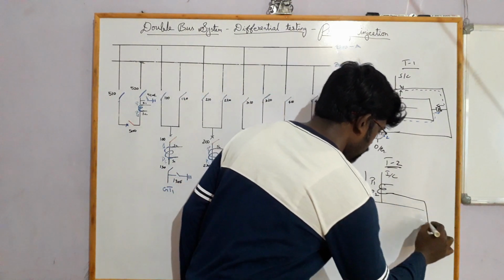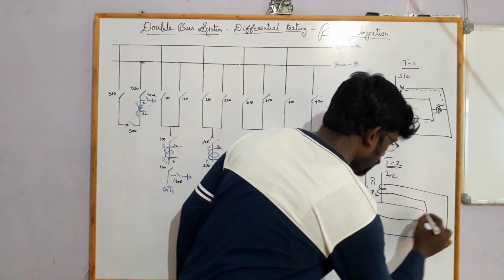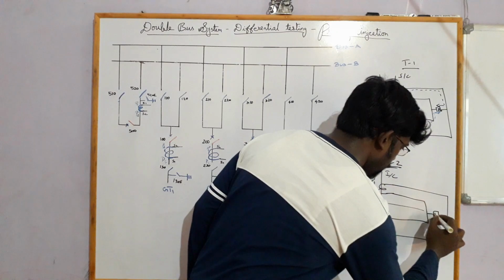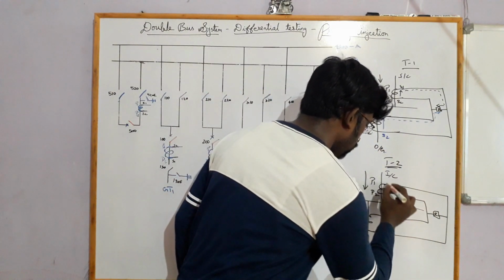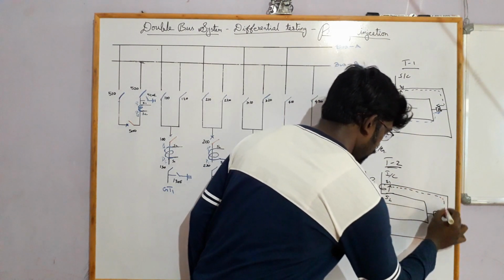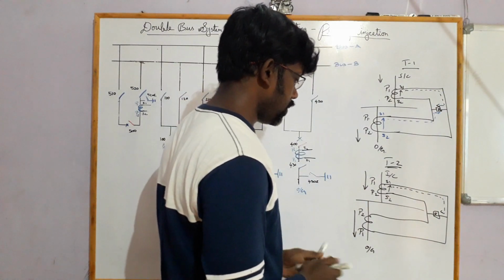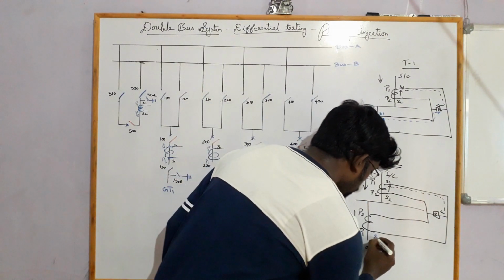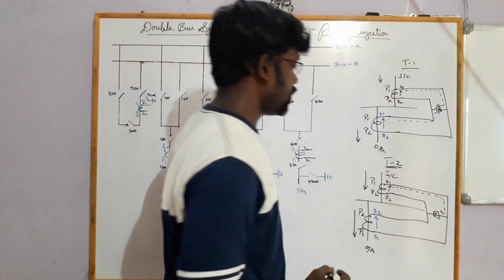When you see our differential relay, we connected it over here. Now, from S2 to S1, the current direction is the same as previous. Then you see here, the current flow will be from S1 to S2.